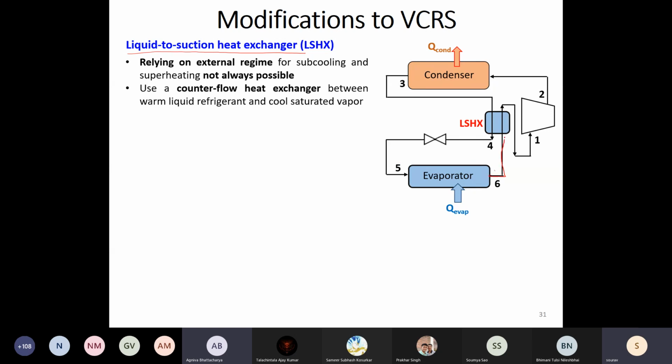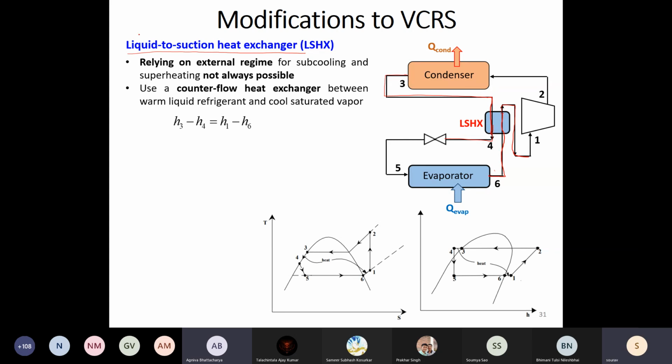After the evaporator exit, we have a heat exchanger which cools the condensed liquid coming from the condenser outlet. And then this vapor enters the compressor. This liquid after subcooling enters the throttling device.